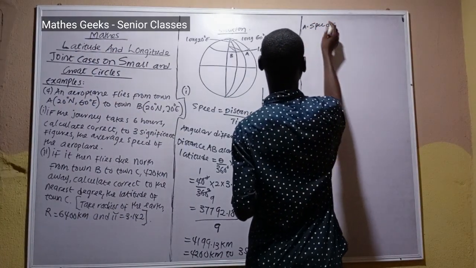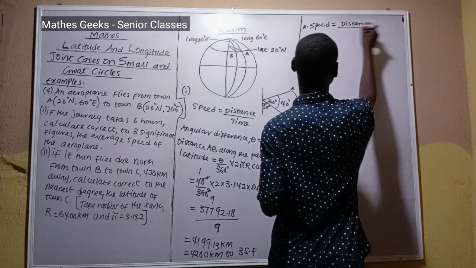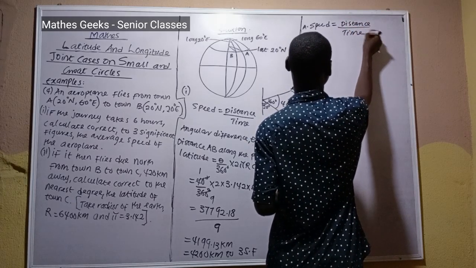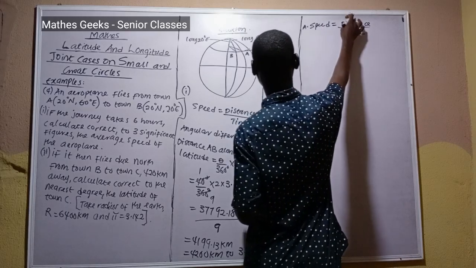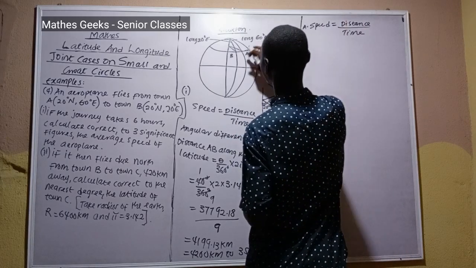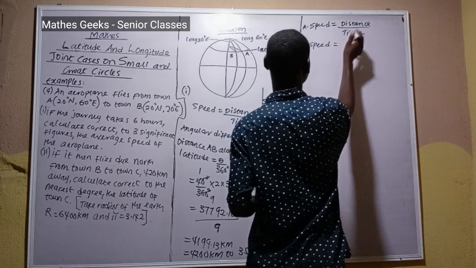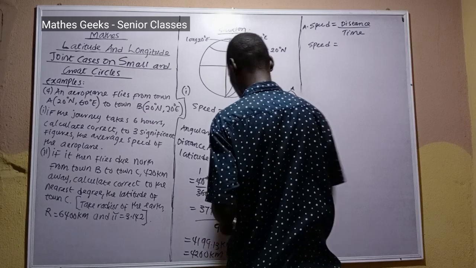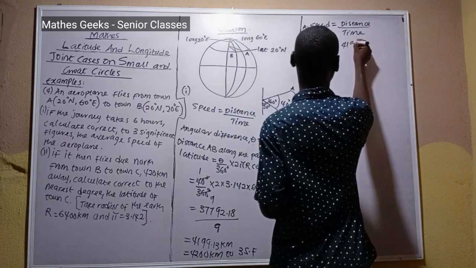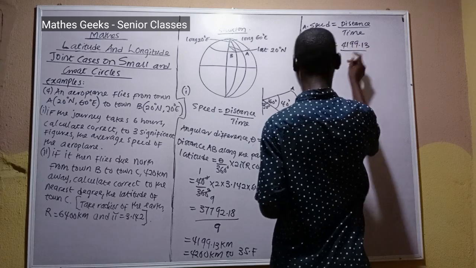The average speed is equal to the total distance covered over the total time taken. Now we've gotten the value of distance covered from A to B. Now let's get the speed. So speed is equal to the distance, which is 4199.13 divided by time.